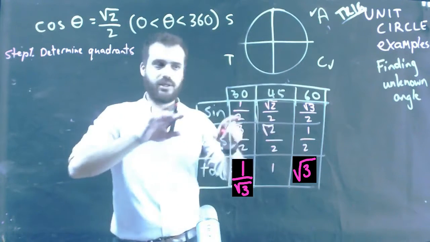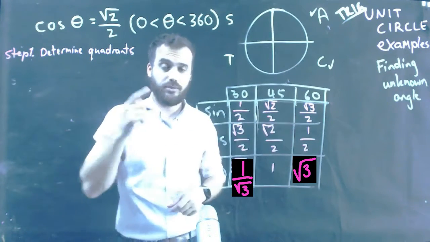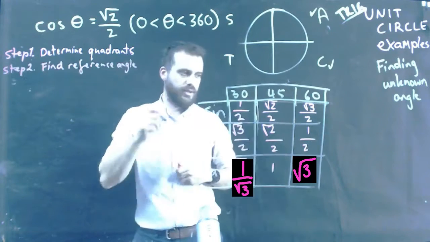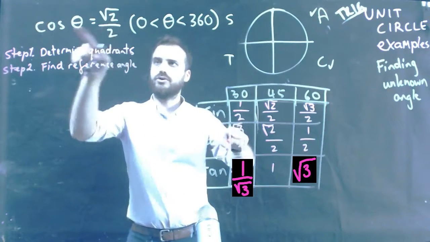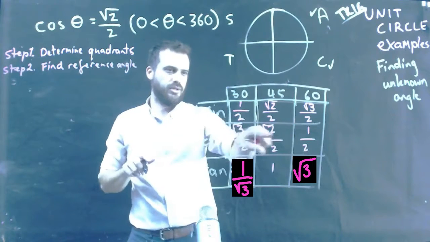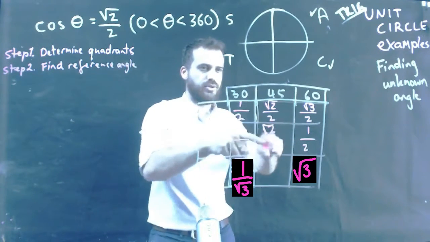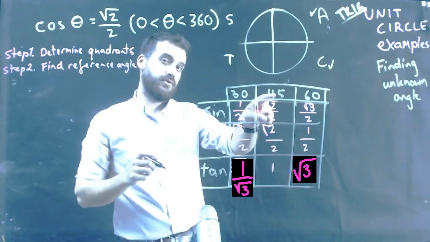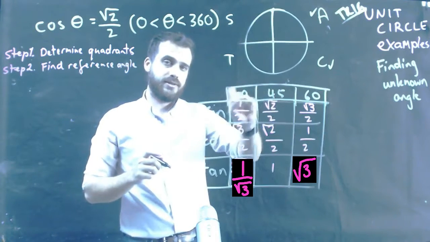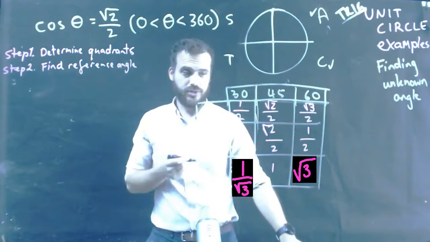Now, if I look here, I can calculate what my reference angle is going to be. The reference angle for cosine root 2 on 2 is 45 degrees. Step 3, I'm going to draw those in.